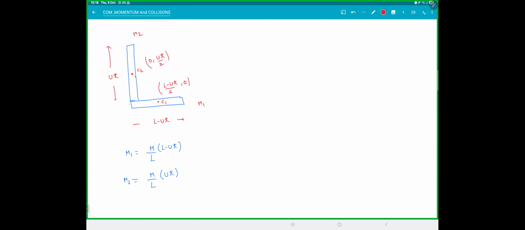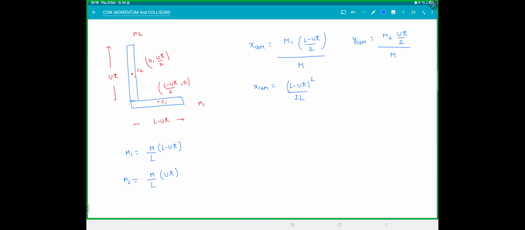There, you know the masses, you know the coordinates. Then your x center of mass will be m1 into L minus ut by 2, the other one is 0, by total mass m. Y will be m2 into ut by 2 by total mass m. Substitute here, this would be (L minus ut) whole square by 12.